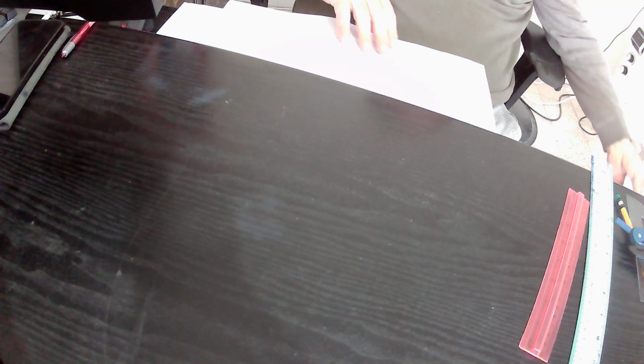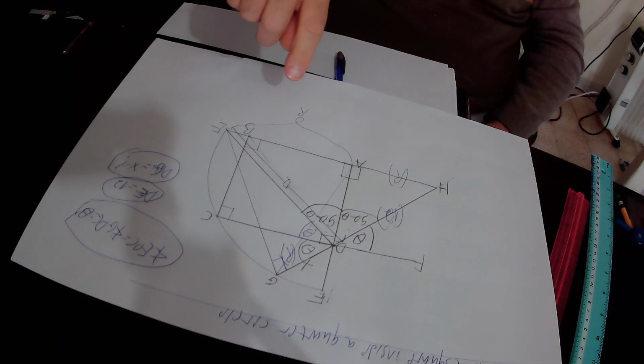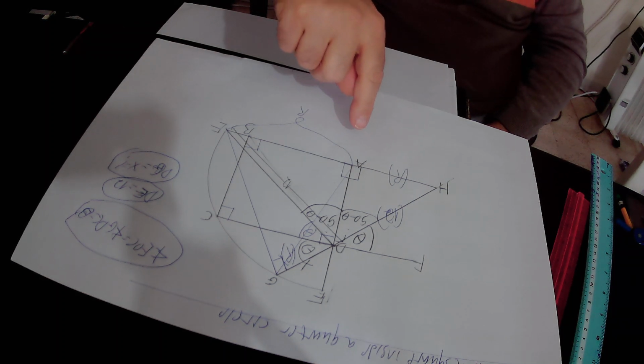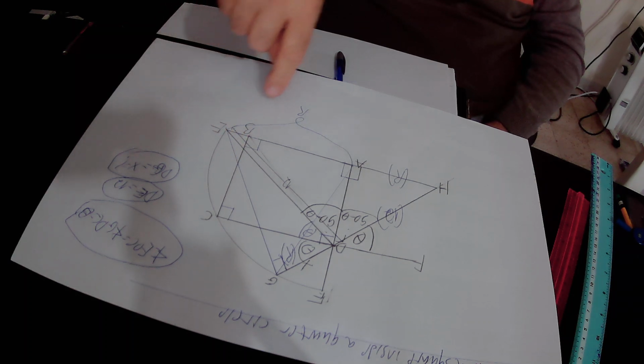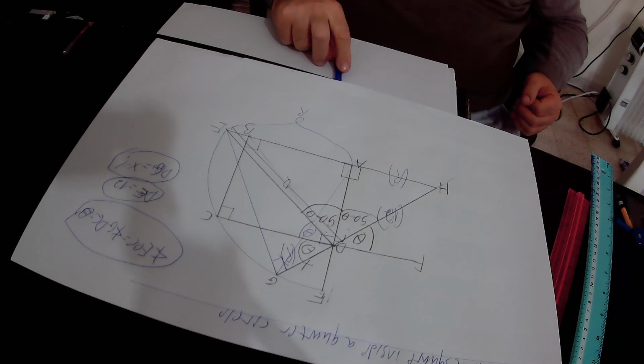So here we know that we can block quadrilateral ADGE inside the circle, and therefore we can implement rule 12.